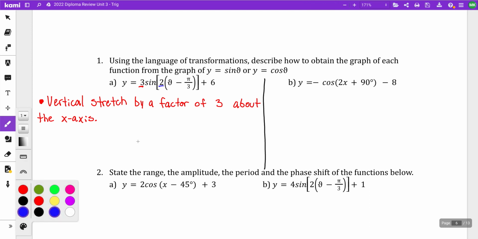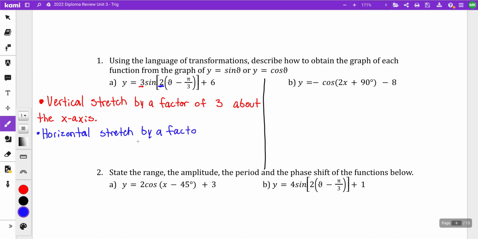Next number I have is a 2. That 2 is inside my sine function. It's inside the brackets. That means it's doing something to my x values. What is the transformation that's happening? Horizontal stretch. It is a horizontal stretch. Perfect. Horizontal stretch by a factor of 1/2.